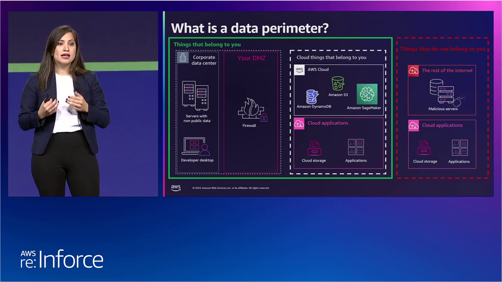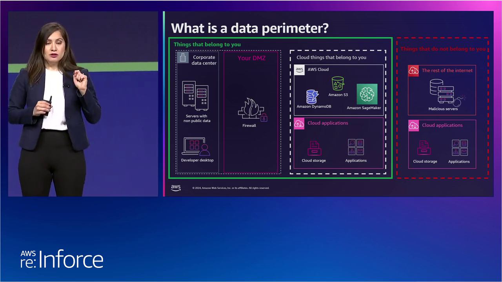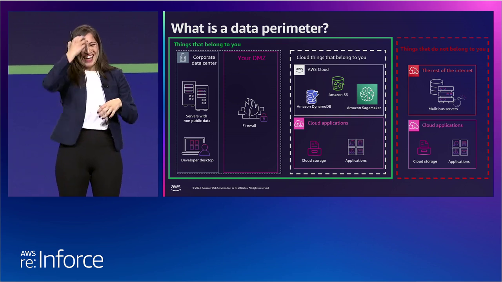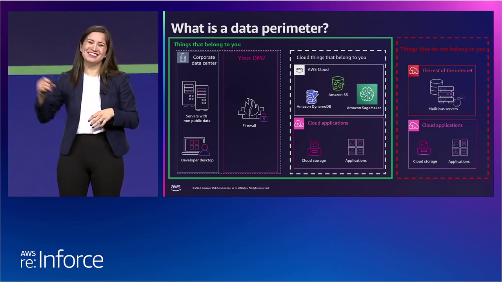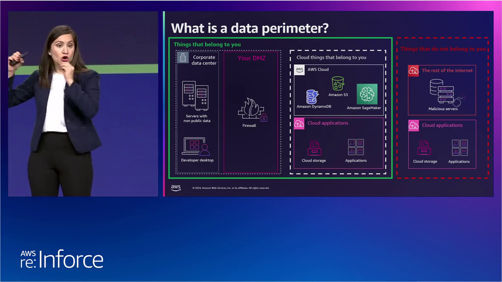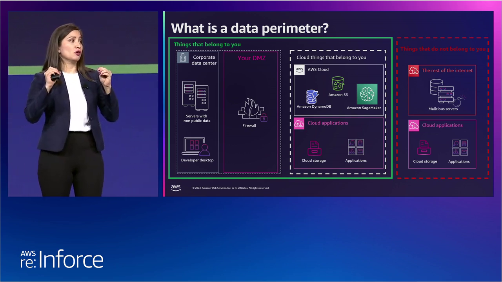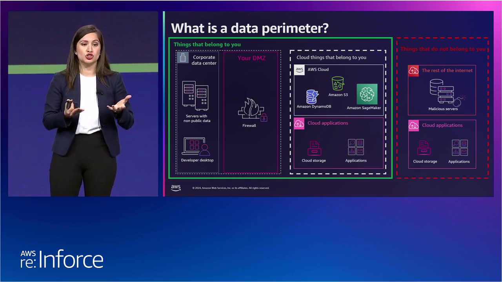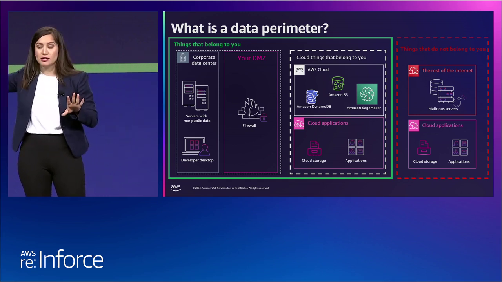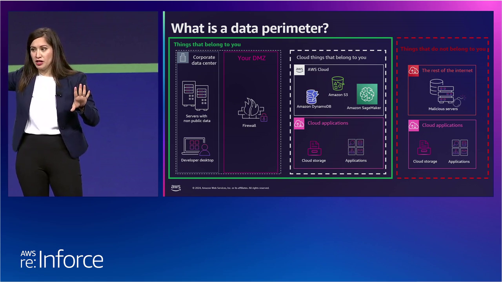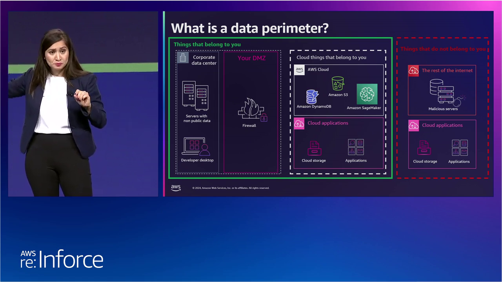But the idea is that everything on the left-hand side, in the green box, your left-hand side, is yours. It's your on-prem data center, your cloud applications, your AWS resources, everything that belongs to you. And everything outside of that, out in the internet, we don't want it to communicate with our environment.